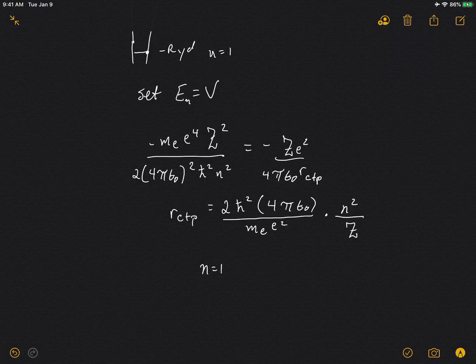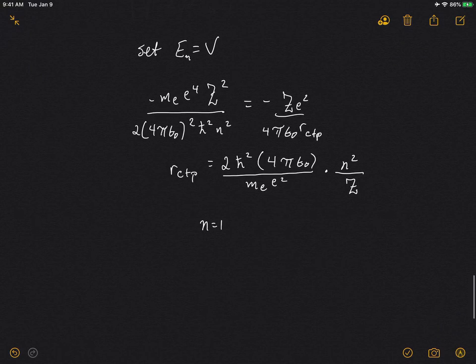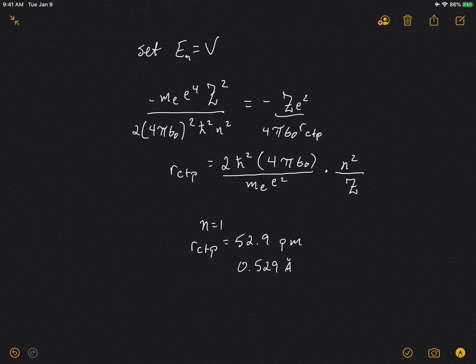And you can put numbers in here. For n equals 1, we get that the classical turning point is at 52.9 picometers, or 0.529 angstroms.